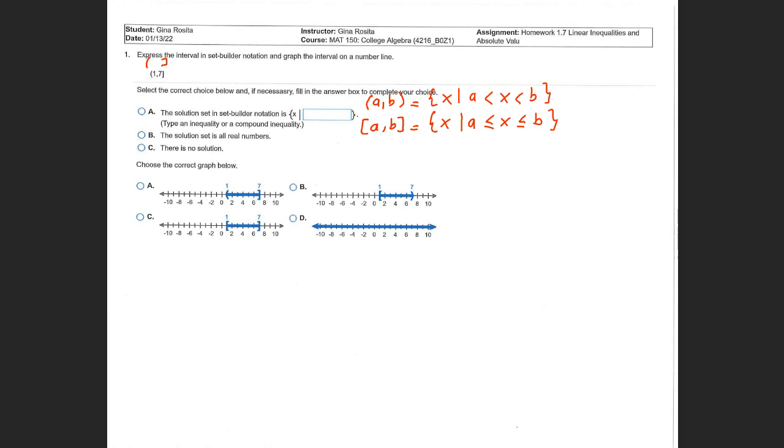Now, the infinite interval. Parentheses are always used with infinity or negative infinity.